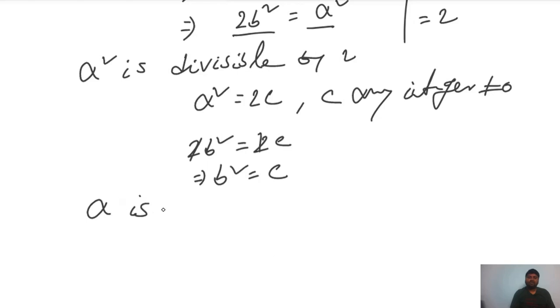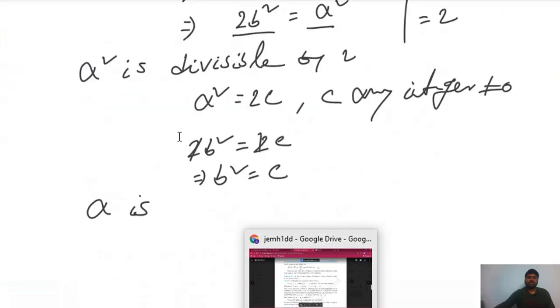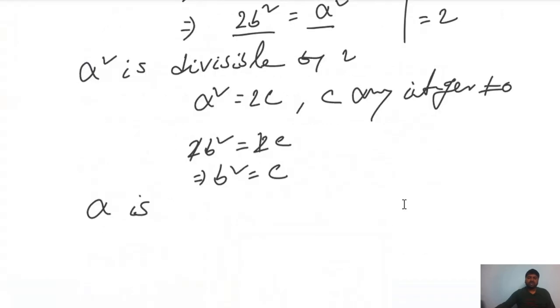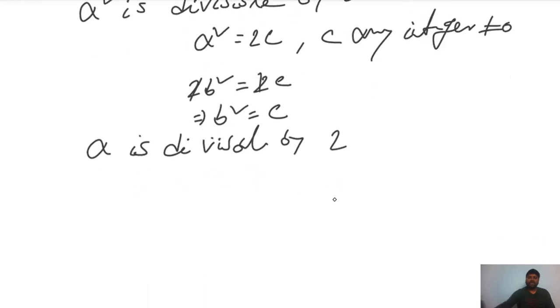This is Theorem 1.3, which you can find in your books. By Theorem 1.3, a is divisible by 2. So when a is divisible by 2, we can represent a equal to 2c.